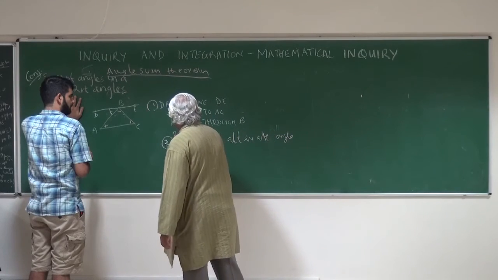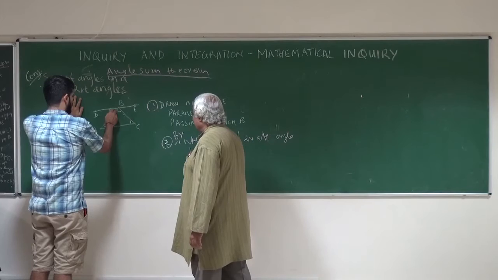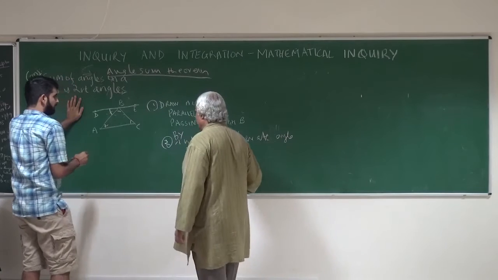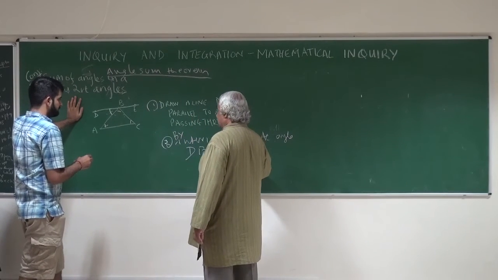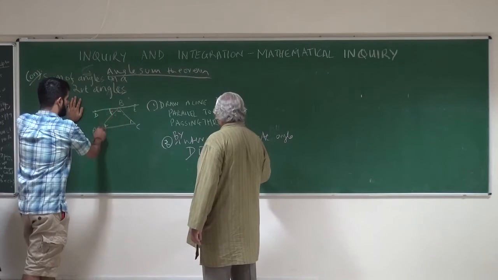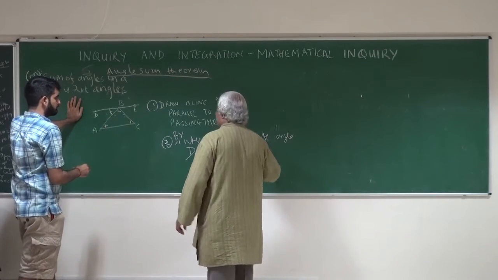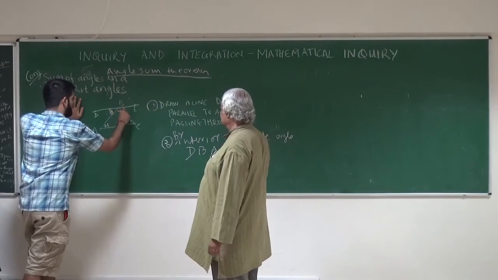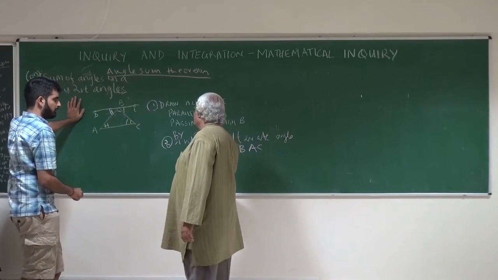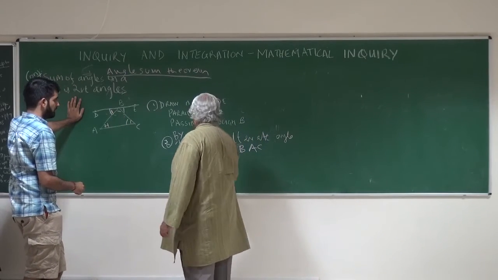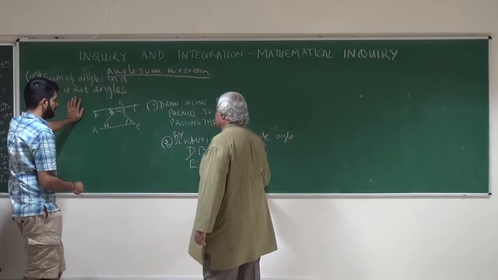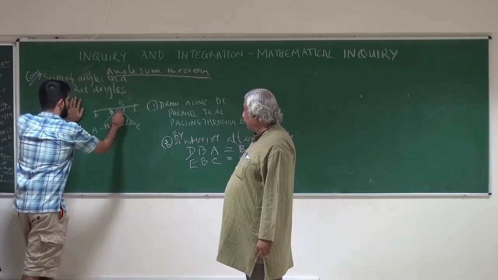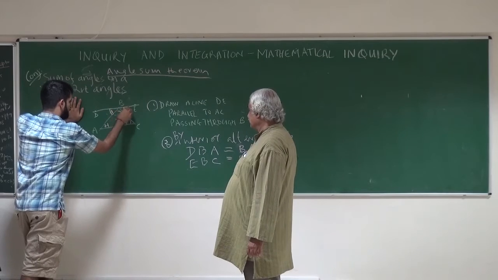By that, you're saying this angle, DBA, is congruent to angle BAC. And you get this is equal to this by the same property. So EBC is equal to BCA.